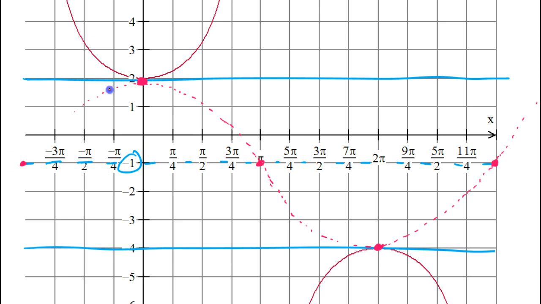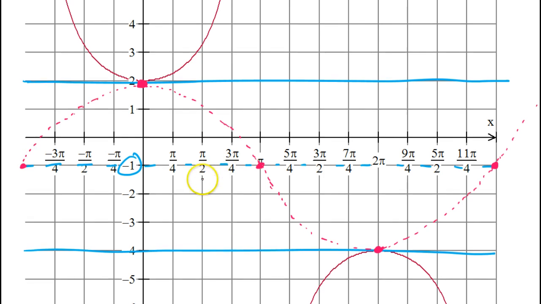So if I kept it going, it would look like this over here. And if I look at this portion of the graph, I feel like I'm cheating when I do this, because this would be one period of a sine function, because I'm starting on the midline.